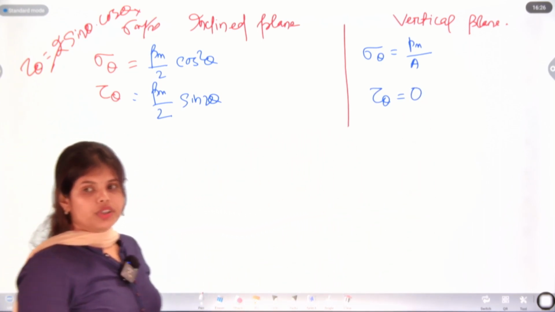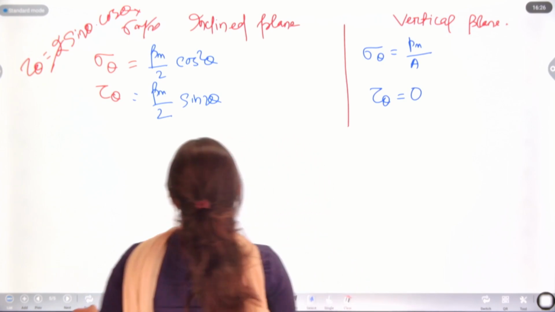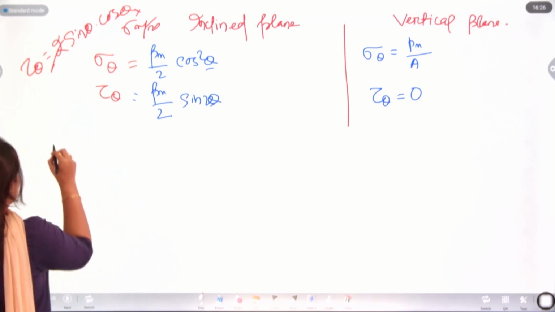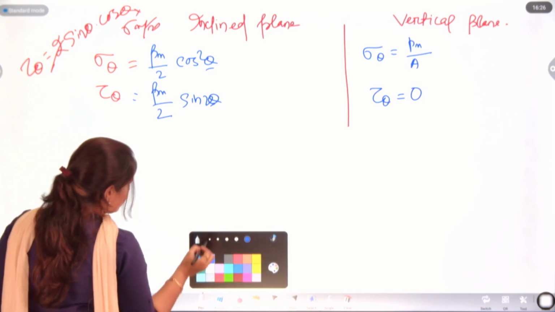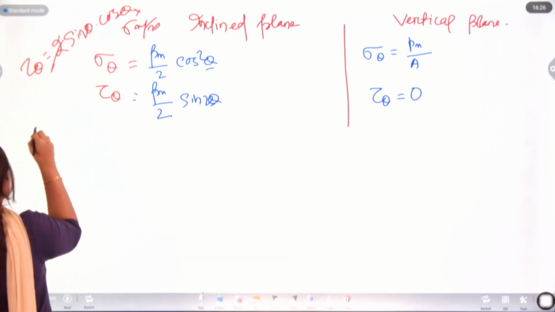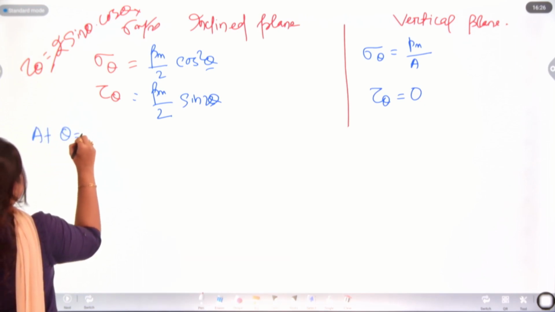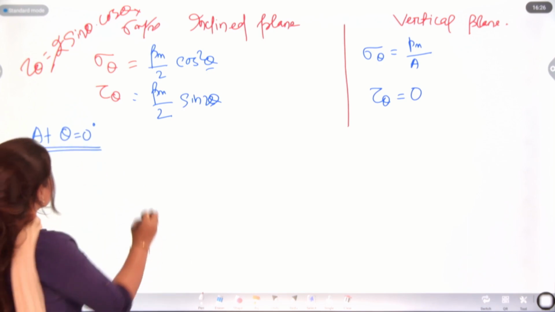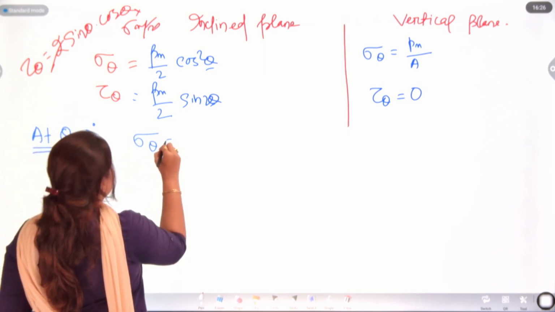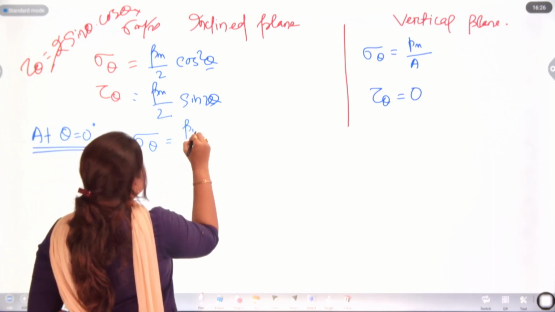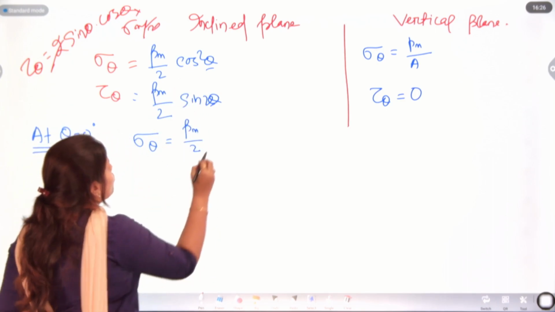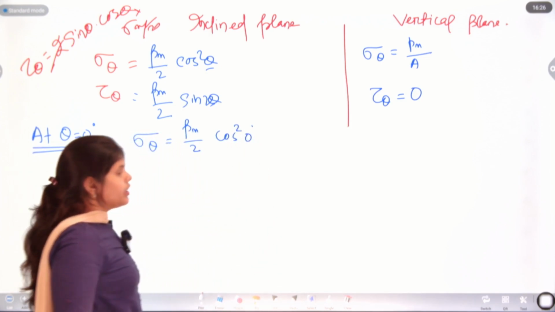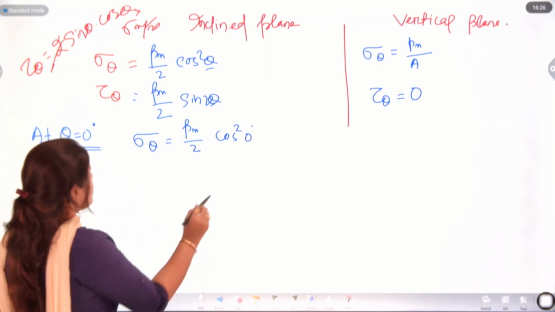Now we put different angles in case of theta, so we will have the values at different angles. First, at theta equals 0 degree, we will have sigma theta as Px by 2 cos square theta. We take cos square 0 degree, and we know cos 0 is 1.